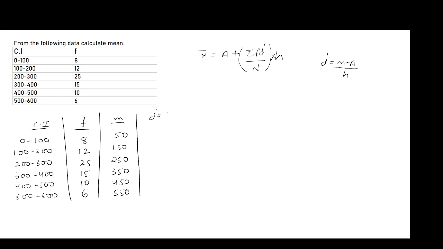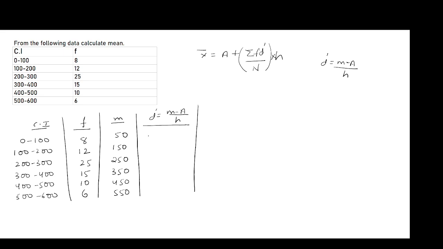D dash is equal to m minus a divided by h. Where a is the assumed mean, and h is the width of the class interval.